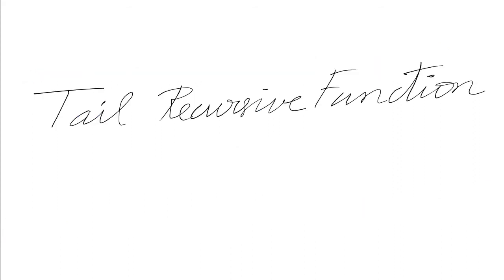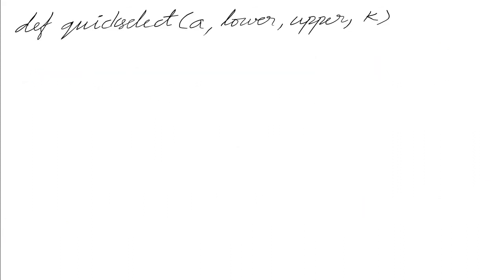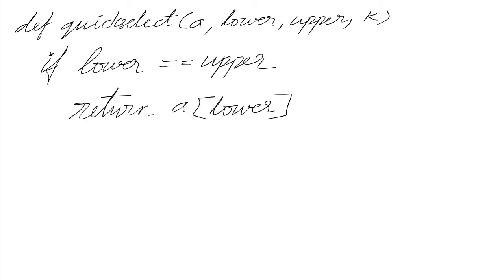Let's look at the tail recursive function. The quick select method takes 4 parameters: the input list A, the lower and upper indices, and the kth element, which is an integer. If lower and upper are the same, we return the element at that index, and this is the base case, and we are done.